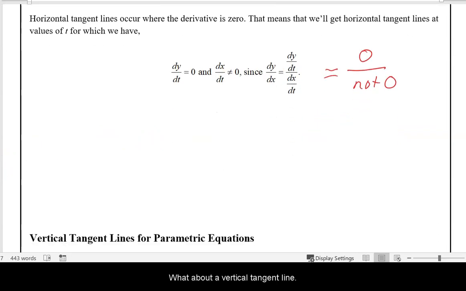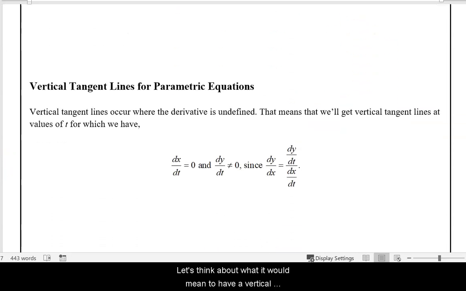What about a vertical tangent line? Let's think about what it would mean to have a vertical tangent line on a parametric equation. A vertical tangent line occurs wherever the first derivative is undefined. A vertical line has undefined slope.